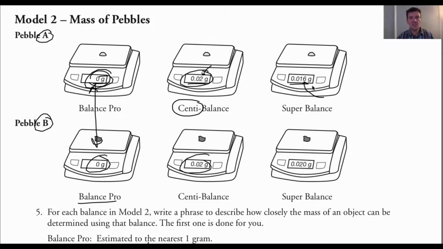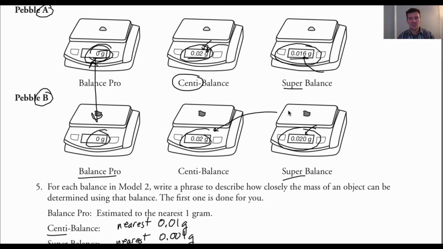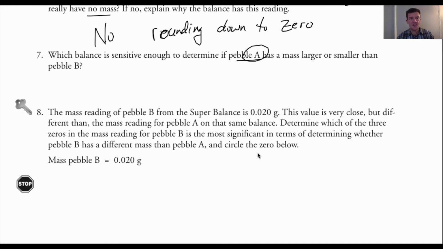It's not until you get to the super balance, which is rounding off to the nearest thousandth of a gram, that you see there is actually a distinction, because 0.016 rounds off to 0.02 and 0.020 rounds to 0.02. But now when we get to a more precise instrument, we actually see there is a difference between the 2 measurements. So it's the super balance that makes the distinction. The super one.